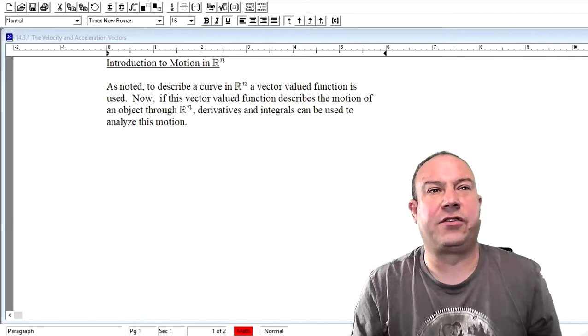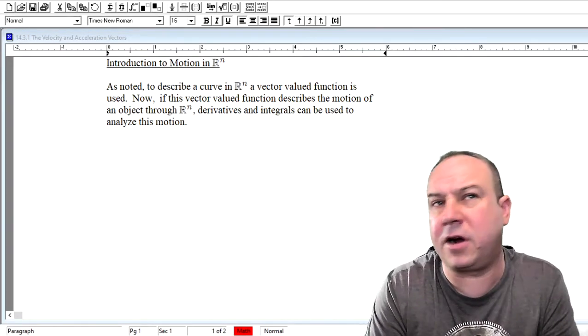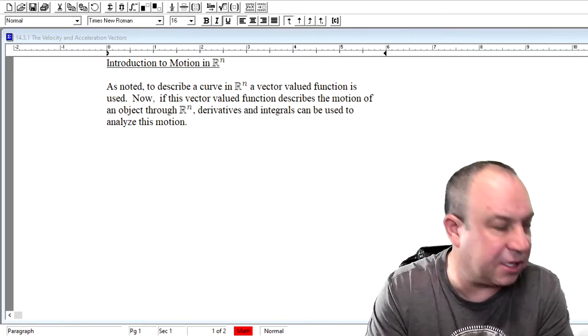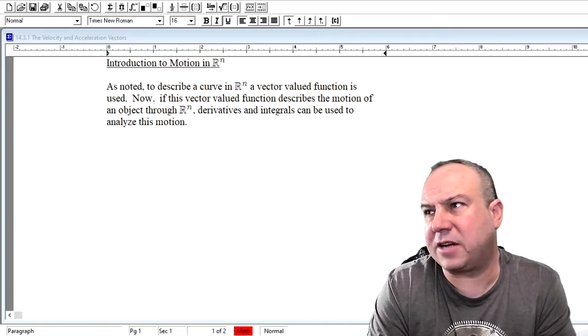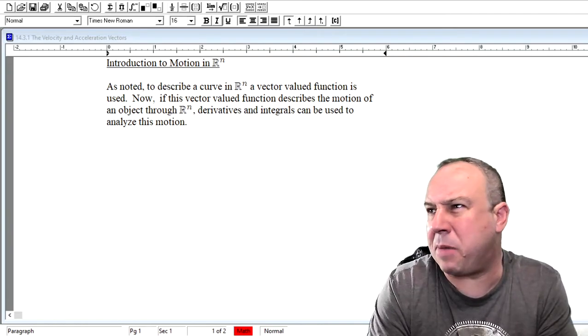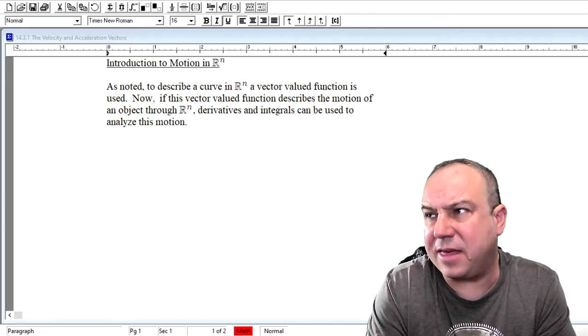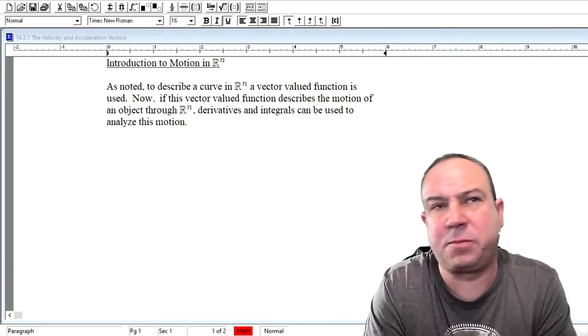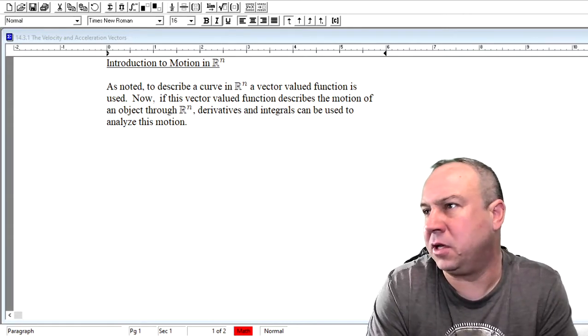Let me go ahead and pull your notes over. We can see here this introduction to motion in R sub n. And as noted, to describe a curve in R sub n, a vector-valued function is going to be used, right? Back when we introduced the vector-valued function, we said if we want to talk about a path in n-dimensional space, if we want to talk about a path outside of two-dimensional space, we cannot rely on just a simple multivariable equation.